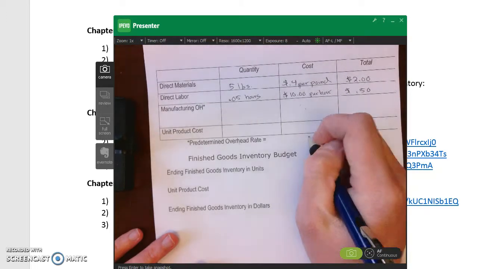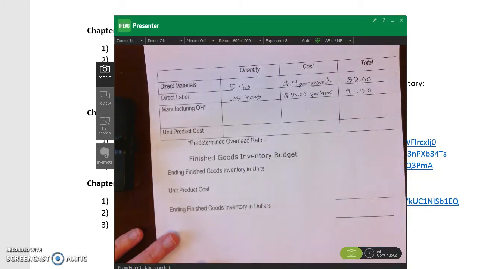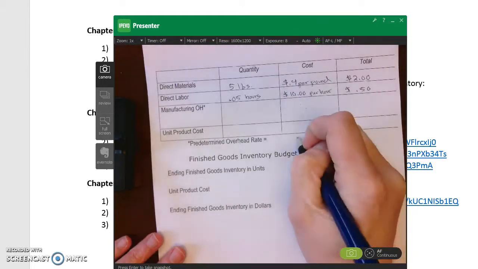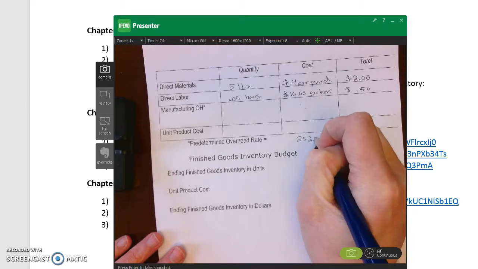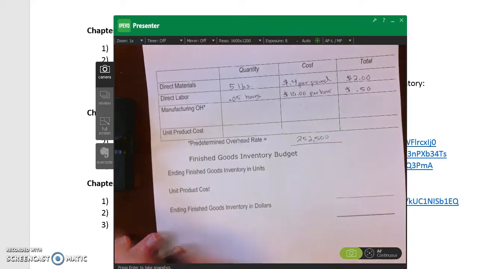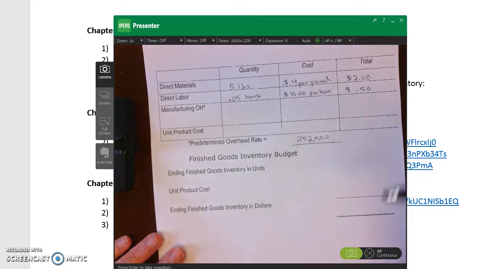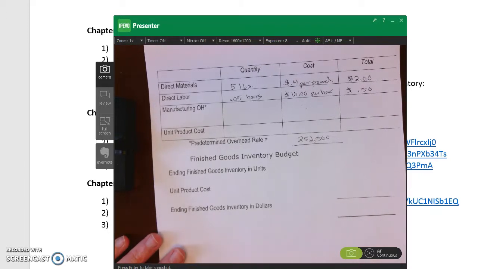If you look back at the manufacturing overhead budget that we just did, you would see that the total manufacturing overhead is $252,500. I have to include depreciation in this number because I will push depreciation down to the unit cost. So I don't want to just use the cash disbursements. I want to use total overhead.